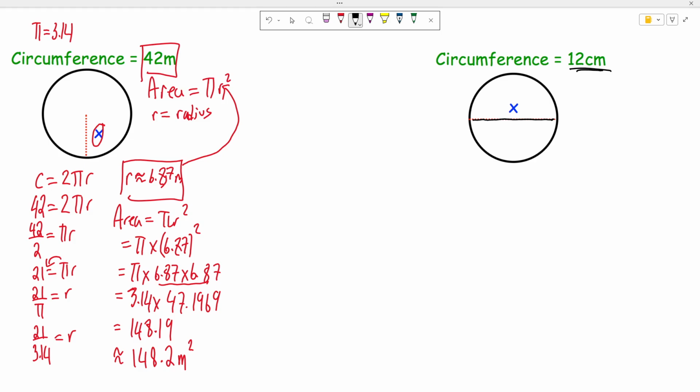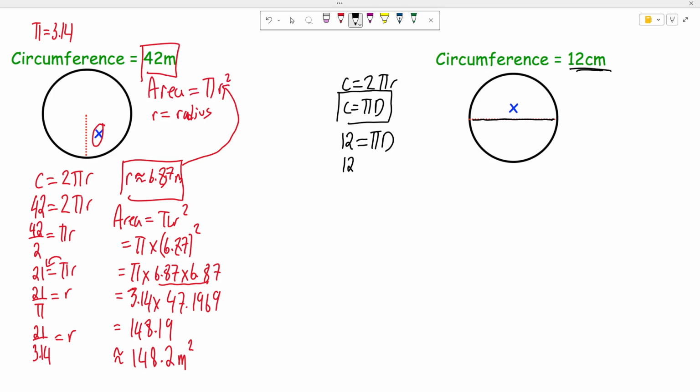So in circumference, guys, there are two formulas. We can either use C is equal to 2 pi r, or we can use C is equal to pi d. Okay, now since they want us to find the diameter, we can go ahead and use the pi d formula, right guys? So let's substitute the value. So 12 is equal to pi d.